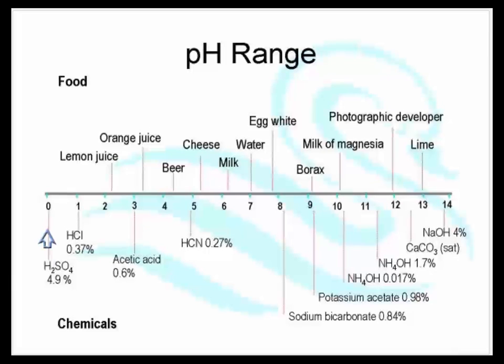So 0 is a long way from 7, and we have H2SO4, which is sulfuric acid. That's battery acid. Battery acid, as you know, burns. Or anybody who's had to deal with, well, you're an electrician, so you know that.